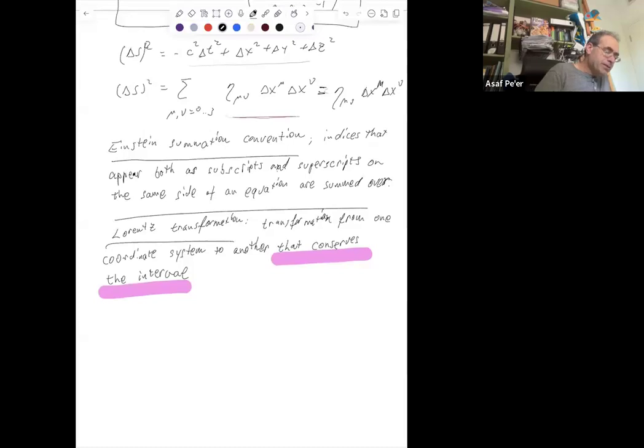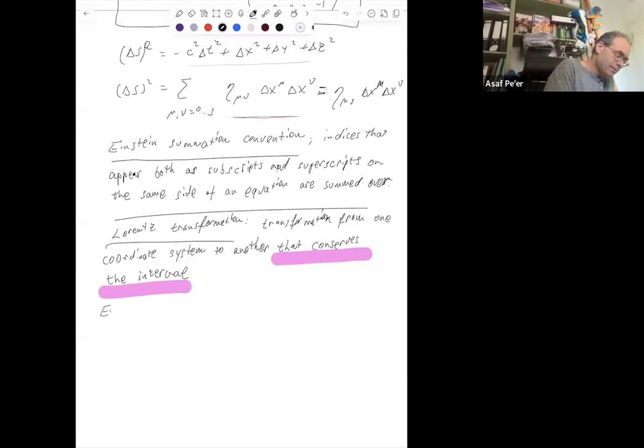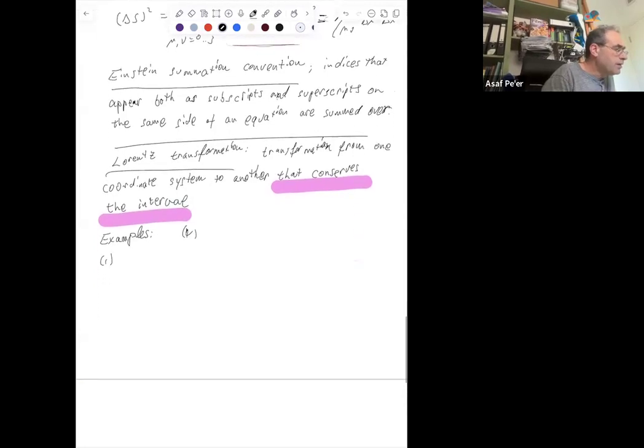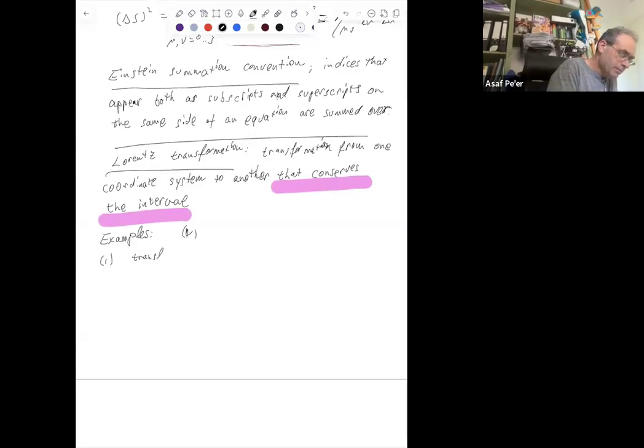The first example of such a transformation, of course, is simply a translation. What is a translation?